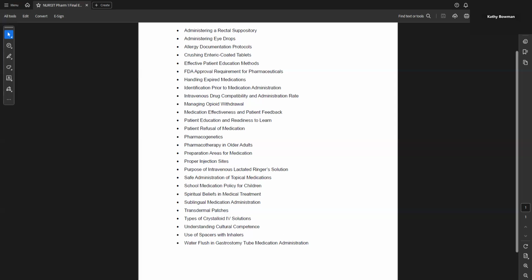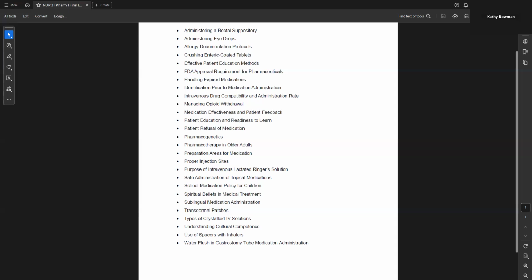Use of spacers with inhalers. So inhalers meaning metered dose inhalers, like for asthma, albuterol. What's the purpose of spacers? Devices used to enhance the delivery of meds from the metered dose inhalers. It improves the effectiveness of inhaler use by allowing meds to remain in the chamber longer, giving the patient more time to inhale it deeply, properly.